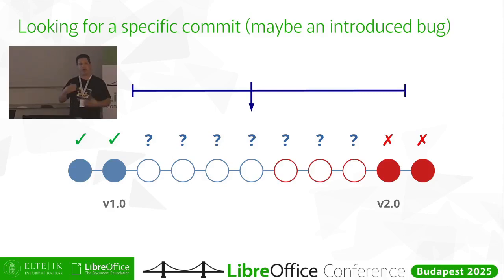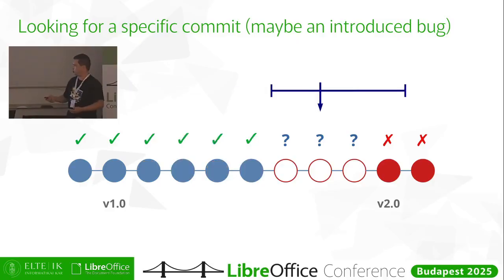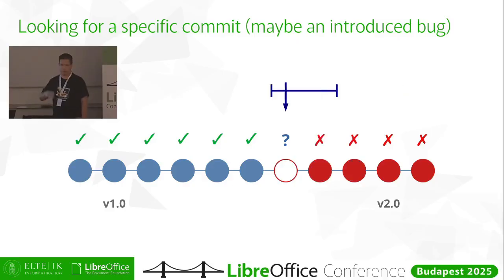And we know we have not reached the point in which the change was introduced, so we can safely assume that if we haven't reached that point, everything before is good. We're going to test the next one. I didn't mention it, but the idea is to put ourselves in an intermediate commit. We're going to repeat the operation, once again in an intermediate commit. This one is going to be bad. We have one left to go, and we found it.